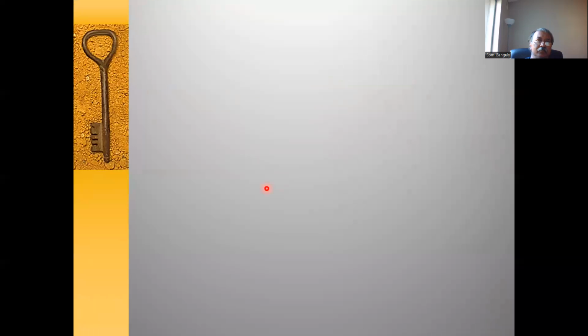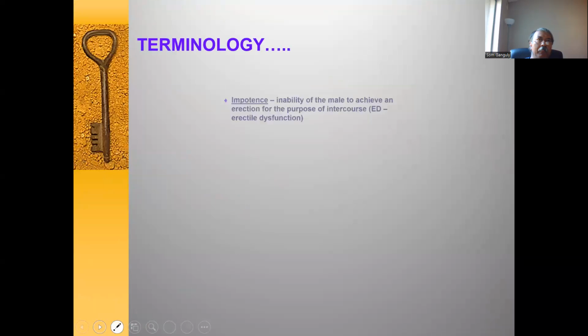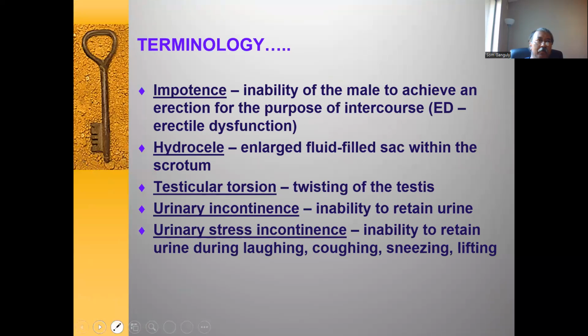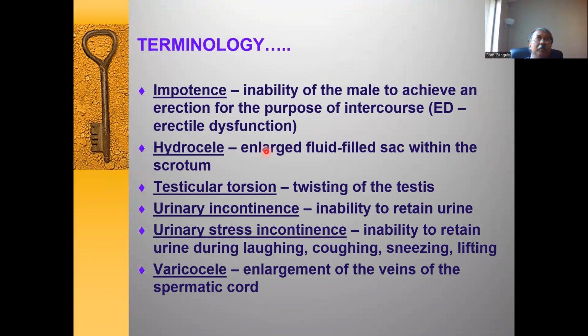So next we have a condition. Impotence is a condition associated with a male failing to achieve any type of erection for the purpose of intercourse.